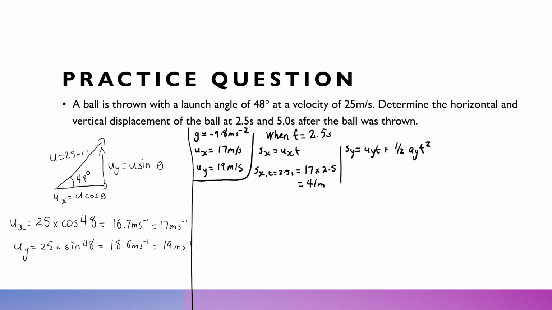When we then apply this to our y direction, we should be able to find that Sy at t equals 2.5 seconds is equal to our uy, which is about 19, times t, which is 2.5, plus half g, which is negative 9.8 meters per second squared, times t squared, which is 2.5 squared.